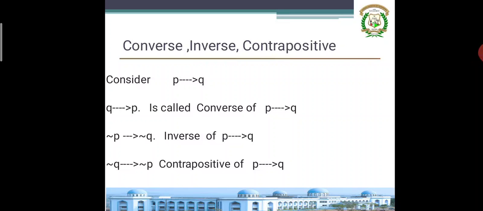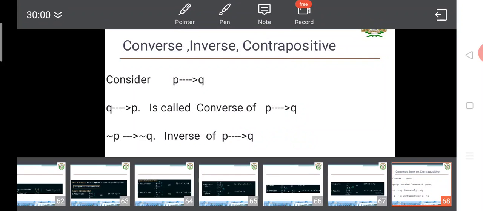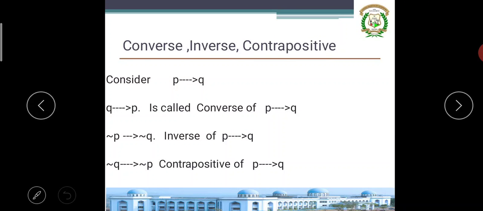Suppose we have a statement P implies Q. If you write Q implies P, that is called the converse of P implies Q. Q implies P is the converse of P implies Q, okay?